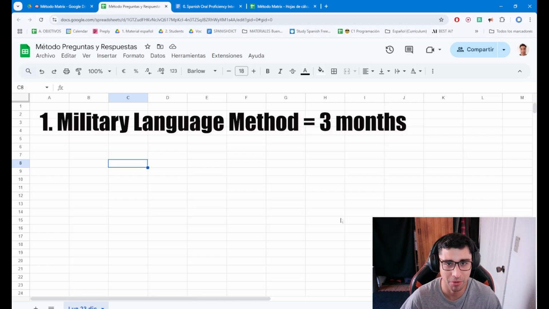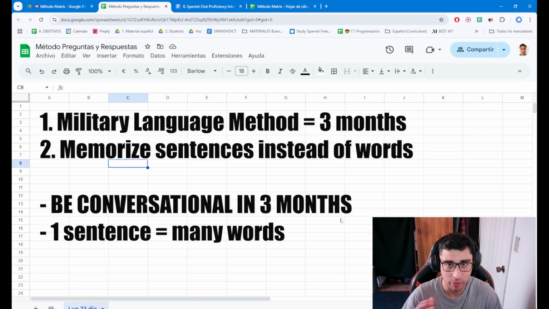So basically, when I send homework to my students, I recommend they translate sentences from English to Spanish, okay? So they will be able to memorize and learn new vocabulary, but not just one word, just full sentences, okay? But for today, I'm going to show you this method where you will be able to be conversational as soon as possible.